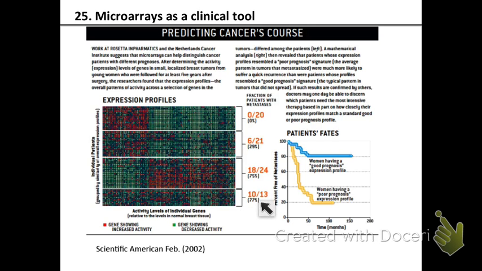They saw 10 out of 13, which is a high percentage, suggesting that if the doctor takes the tumor and looks at the expression analysis, it will give some predictive power in what is going to happen, the likelihood of this person's cancer showing metastasis 5 years from now, right?